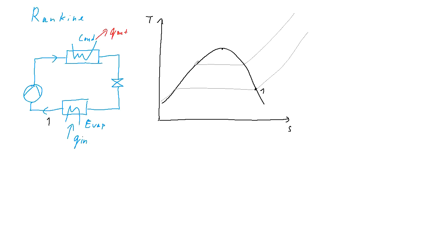So from the point 1, the ideal compression is isentropic, so a vertical line to the point 2 over here. Following is the heat rejection in the condenser.